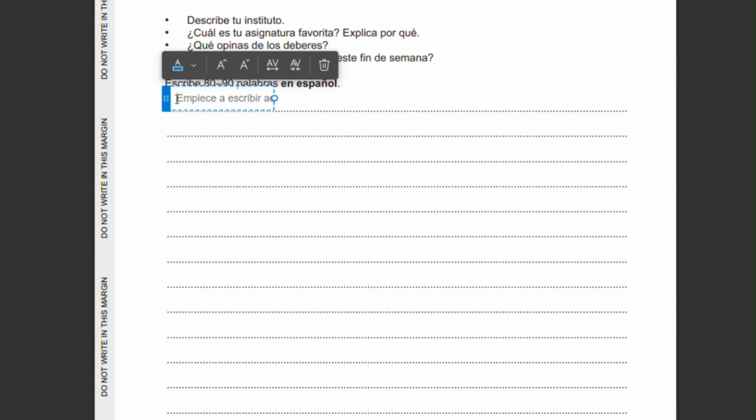Okay, so the first question says describe tu instituto, which is describe your institute. So for this I'll say mi instituto es moderno. Mi instituto es moderno y grande. Se llama Grange. Sí, se llama Grange.